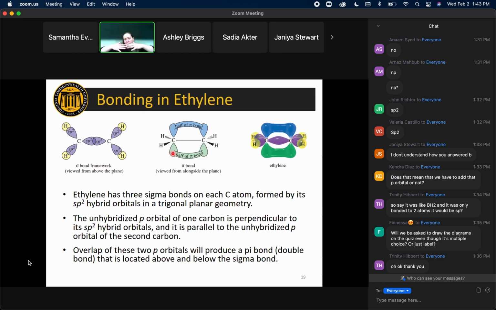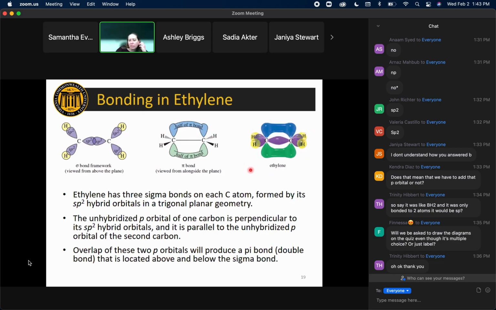Now we're going to turn the molecule and look at it from a different angle. The sigma bond framework is represented as being perpendicular to your screen in this middle version. You can see the unhybridized leftover pz orbitals on each of the carbon atoms participating in a pi bond with each other, half above and half below the sigma bond plane framework.